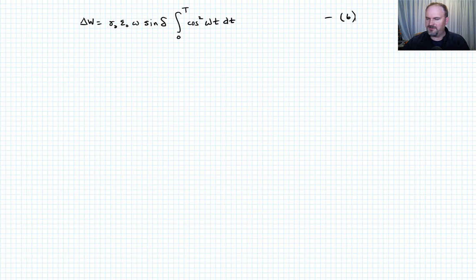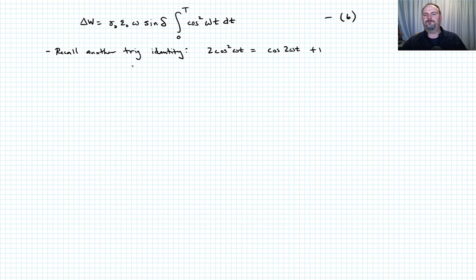Okay, so now we need to use another trig identity. So let me say recall another trig identity. Okay, and that trig identity said that 2 times the cosine squared of omega t is equal to cosine of 2 omega t plus 1. Okay, so substitute that into 6. So if we substitute that into 6, then we can write delta w is equal to our constants out front, epsilon naught, sigma naught, omega, sine delta.